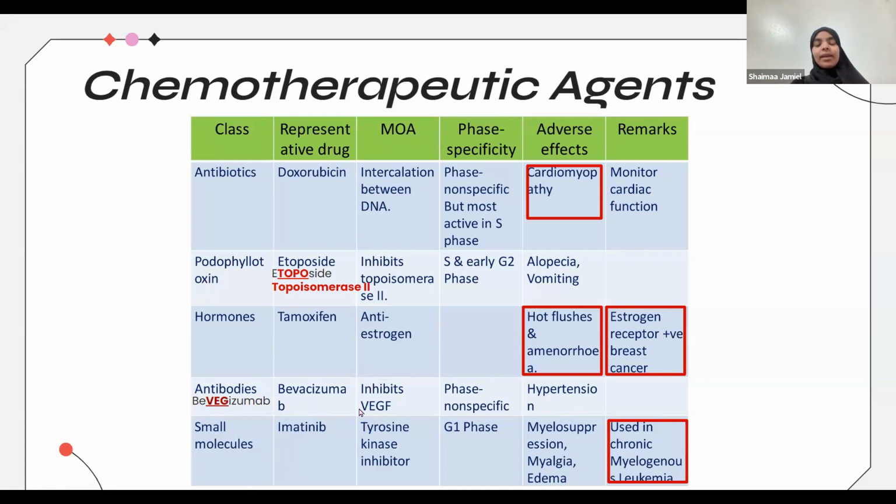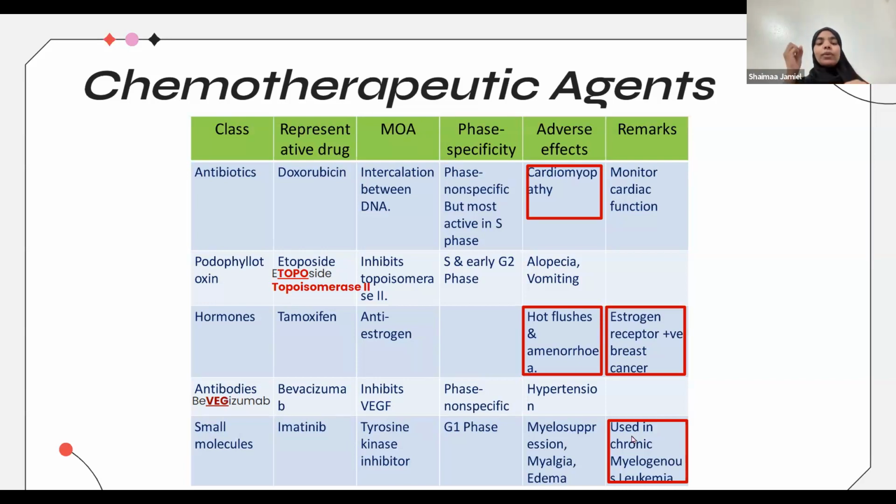Why is this important? Specifically, imatinib in a specific cancer, which is chronic myeloid leukemia, CML, what happens is there's translocation. The problem is the translocation, Philadelphia translocation, which is 9;22, and you form something called BCR-ABL tyrosine kinase receptor.